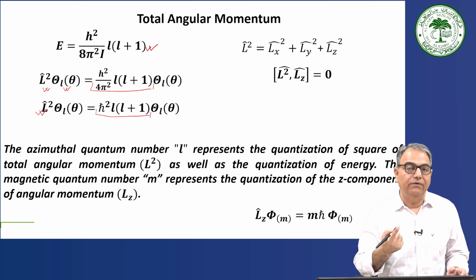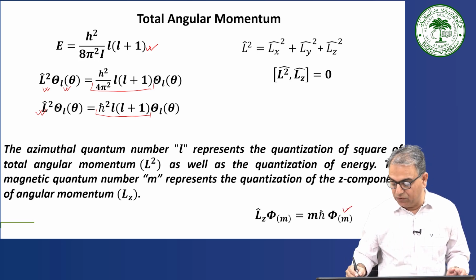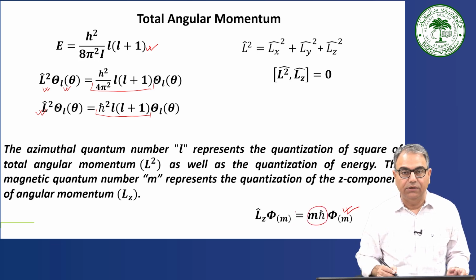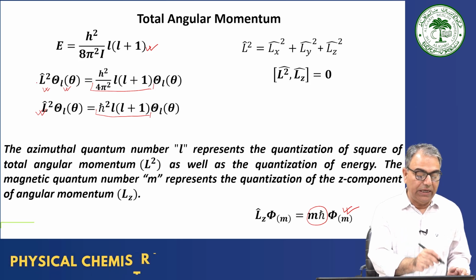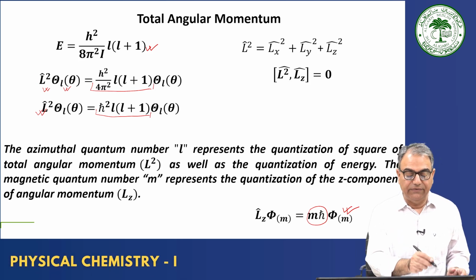If you remember, when we found the phi function and operated Lz on the phi function, we got the value m h cross. Lz on phi m gave you this eigenvalue m h cross. And when you operate with the square of the total angular momentum on the theta function, you get h cross square L into L plus 1.